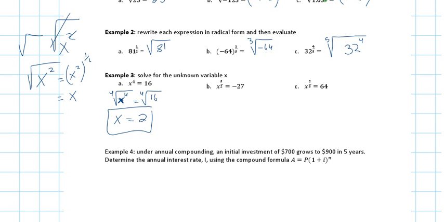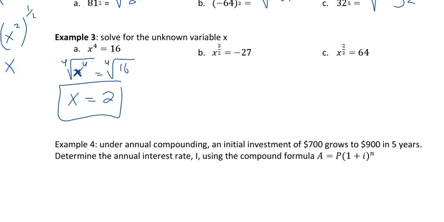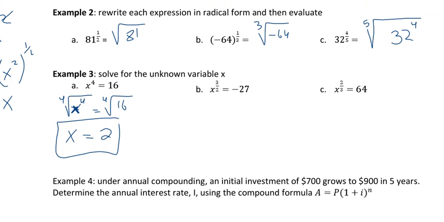The next one I have x to the power of 3/2 equals negative 27. So how can I isolate for that x? But this is already that.